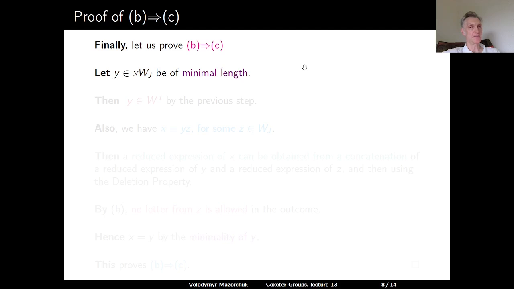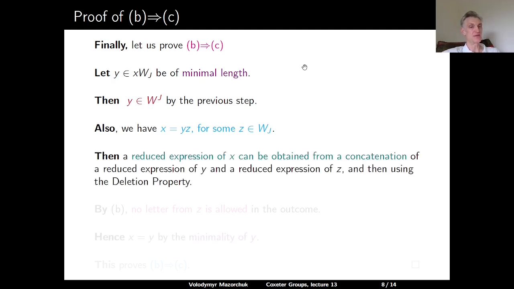So let y be an element of minimal length in the coset x W_J. Then y belongs to W^J by our previous step. Also, we have by definition that x is equal to y times z for some z in W_J.